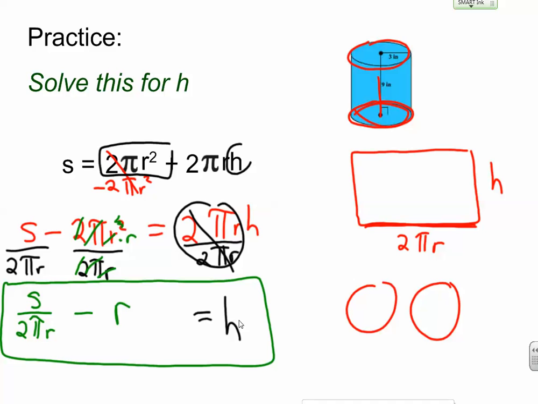So when I divide both sides by 2 pi r, this stays the same, nothing to simplify, but 2 halves is a 1, take it out. Pi over pi is a 1, take it out. R squared is r times r, so this 1 r divided by that r is a 1, take it out, and all I'm left with on top is r. So it's s divided by 2 pi r minus r equals the height of my cylinder.